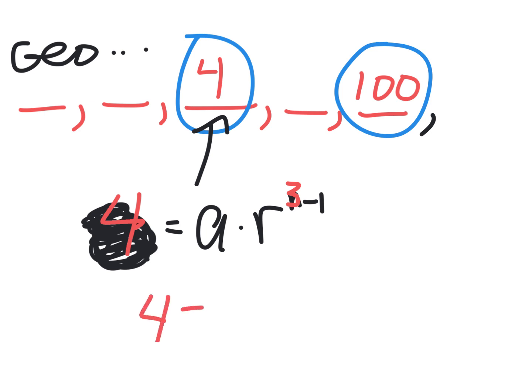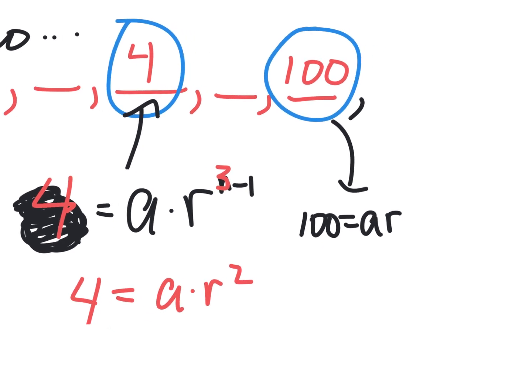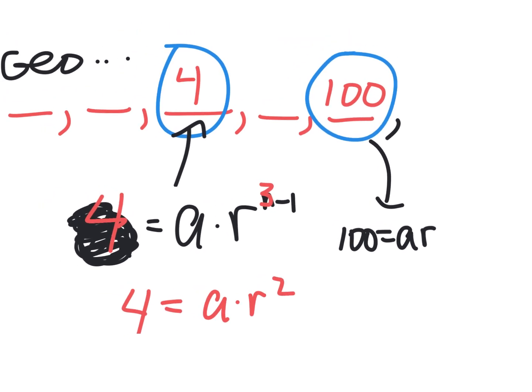So I have 4 equals a times r to the second. Does that make sense to you? Okay, that's an equation. Now let's do that same thing for this. And 100 equals a times r to the n minus 1, but this is the fifth term, so then it's 5 minus 1, so it's to the fourth.